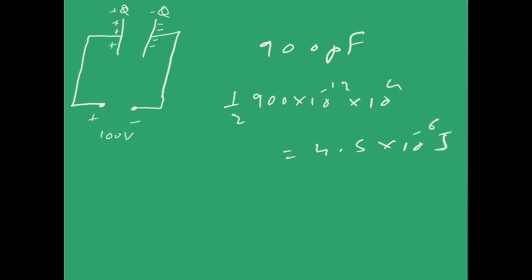Well, now what if I remove the battery and connect another capacitor which has similar capacitance? I mean, this will be a new situation. After charging it with a 100-volt battery, I remove the battery and put another capacitor here of the same capacitance. Now, initially the charge after charging with the battery was Q here.